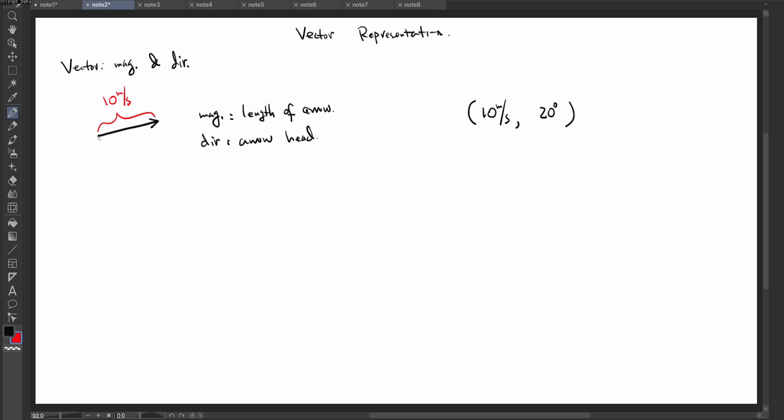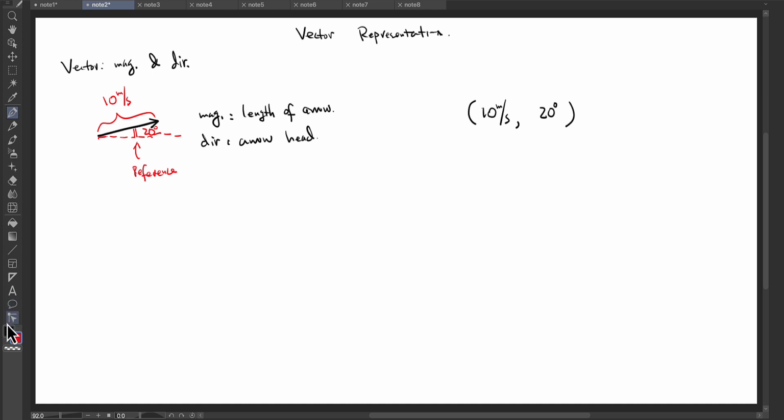Let's say we use the east as the reference direction, which is this dashed line. And then the angle of this arrow with respect to the reference direction, that is 20 degrees.